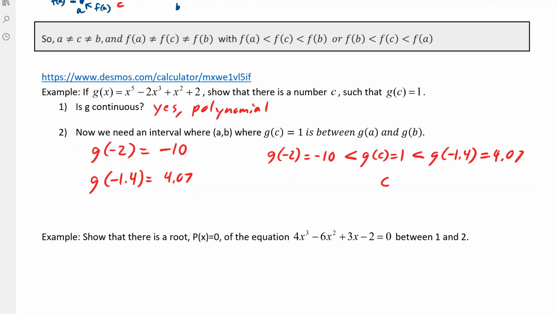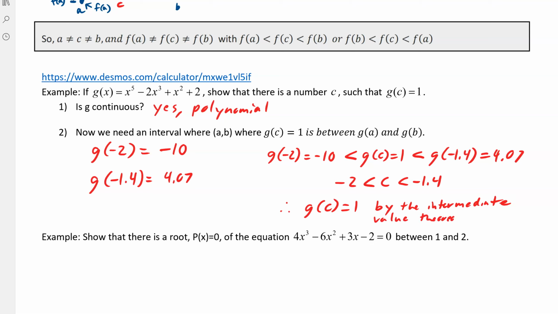And our c is between negative 2 and negative 1.4. Therefore, there must be a g of c equal to 1 by the intermediate value theorem. So all you're doing is finding two y values, one that's smaller than the one you want.